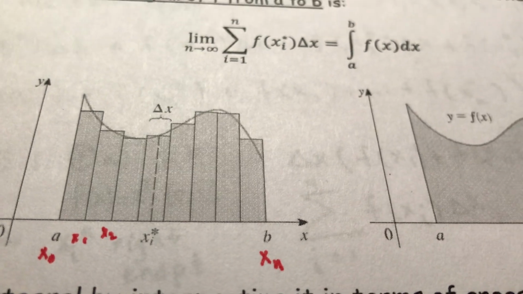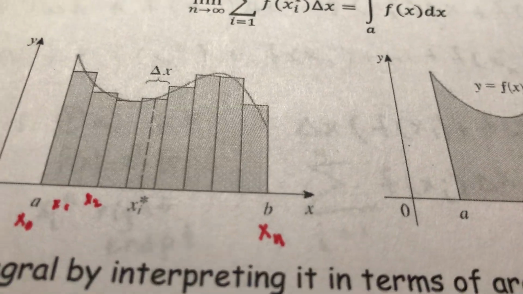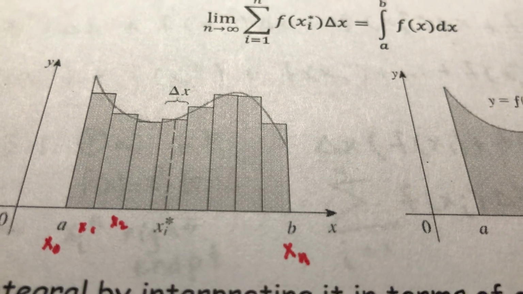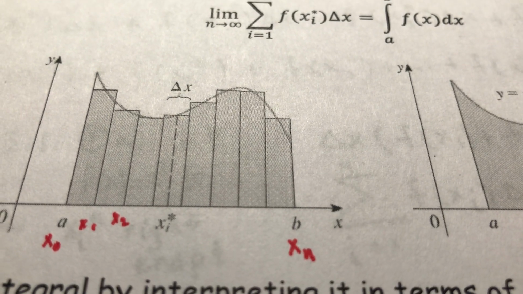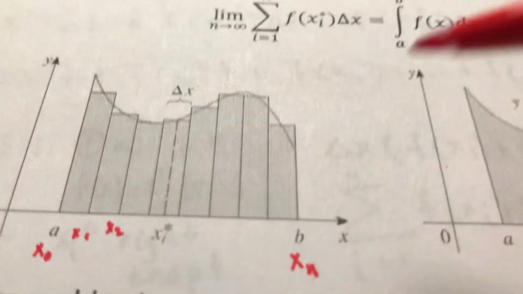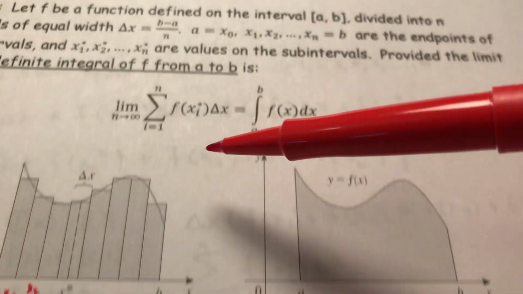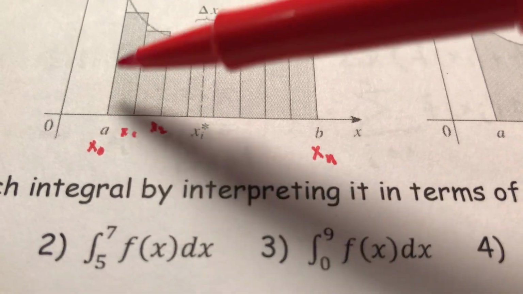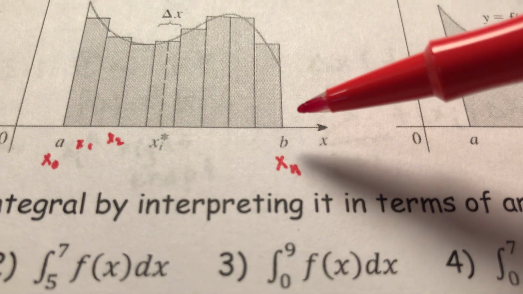So this is the abstract or the general notation instead of a specific example like we did before. That's why it says up here a equals x sub 0. That means that's the 0th place, that's the beginning, and the end is x sub n.